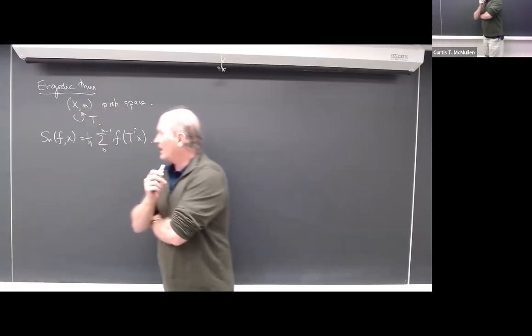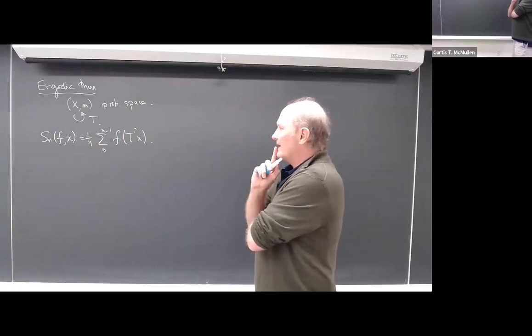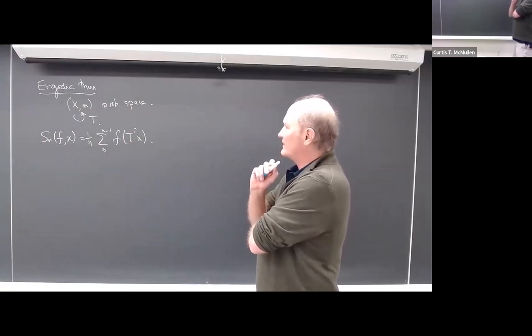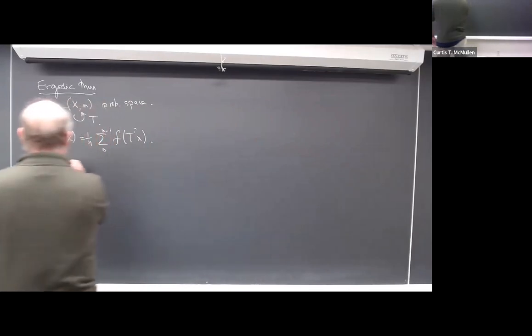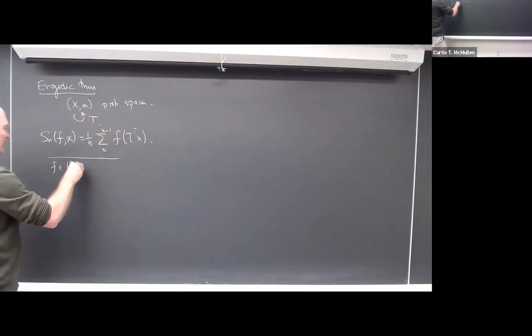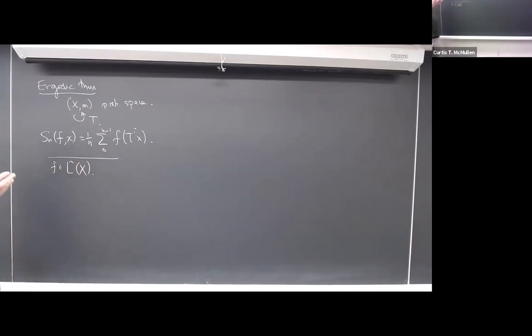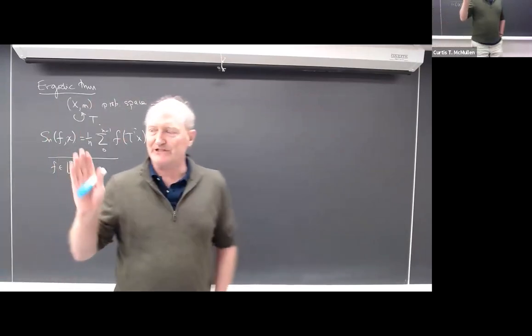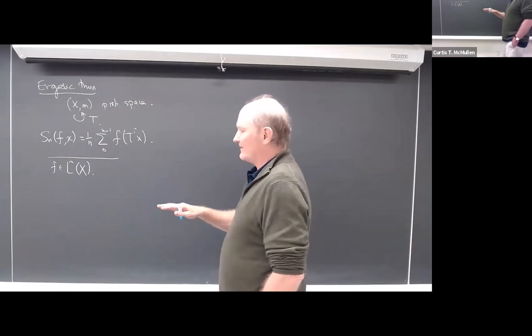And there are a couple of different versions of the result, but what we've proved already is the von Neumann version, which is for f in L2(X), so that we have inner products and we can talk about the projection to the invariant functions.